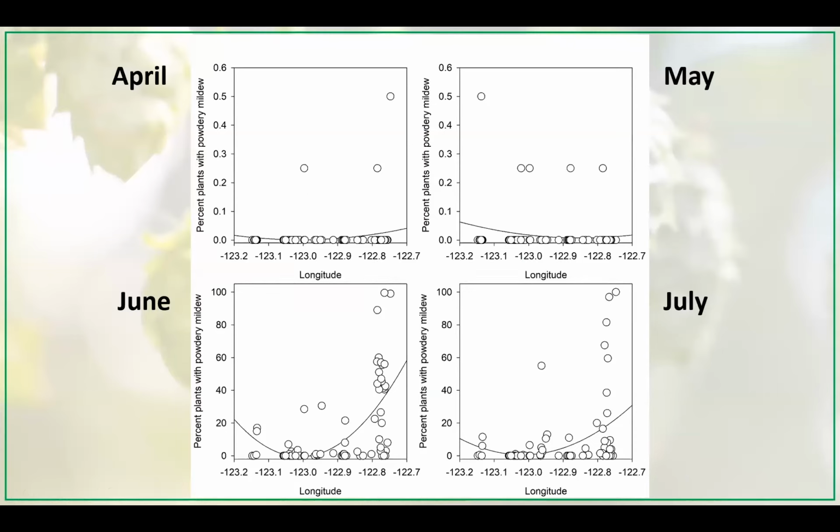And then as we move into June, there are certain yards, for both June and July actually, that have 100% of the plants that we sampled had powdery mildew. And this goes to show that even though we are detecting higher disease levels on the eastern side, we are also detecting it on the western side.